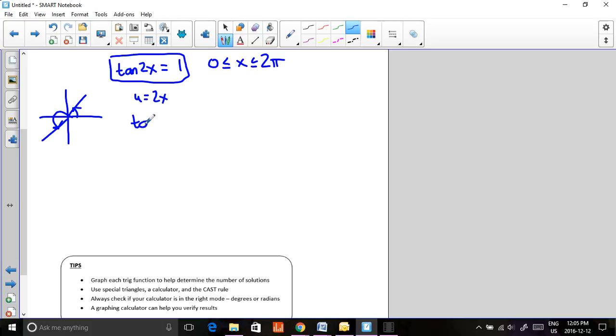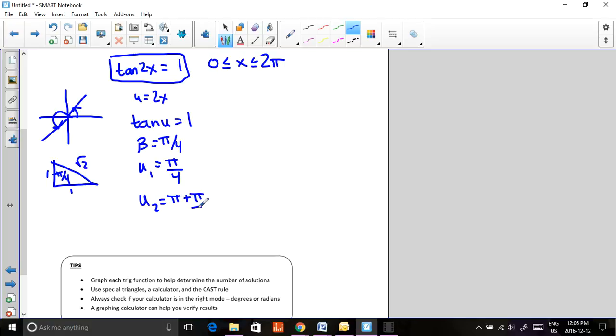So really, I just want to solve tan u equals 1. Okay, 1 comes from the special triangle here, where we have 1, 1, root 2, and this is pi over 4. So my beta is equal to pi over 4, okay? Because pi over 4 has a tan of 1. So then my u1 is actually just equal to pi over 4, since it's in quadrant 1. And my u2 is pi plus pi over 4, so it's equal to 5 pi over 4.